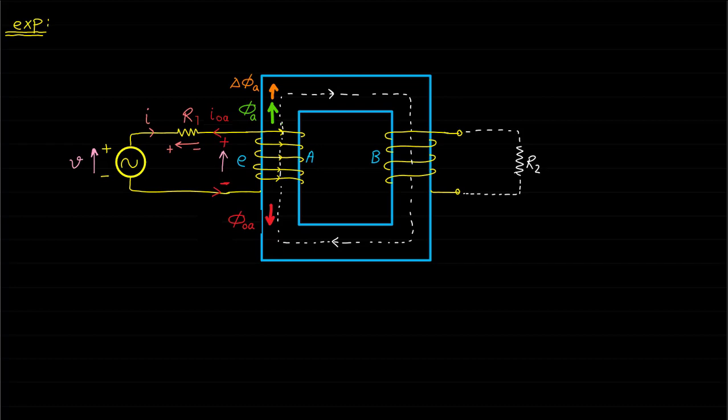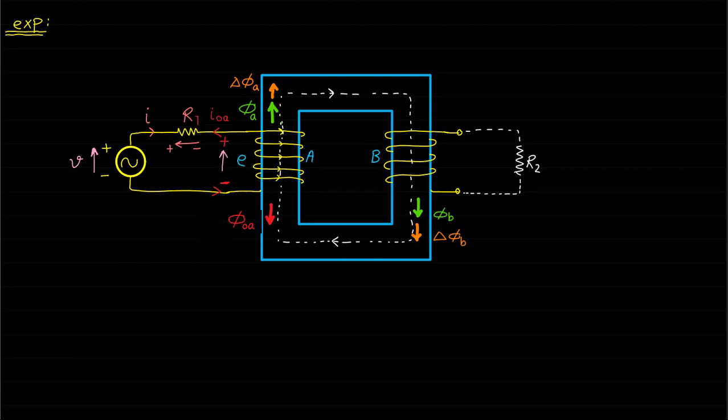Then, we need to identify the direction of the actual magnetic field that links to coil B. In this case, the actual magnetic field that links to coil B is generated by coil A and is denoted by phi B. Basically, in this example, phi A equals phi B. Assume the magnetic field is increasing by delta phi B in the direction shown.